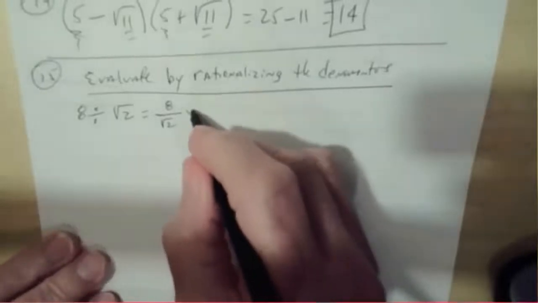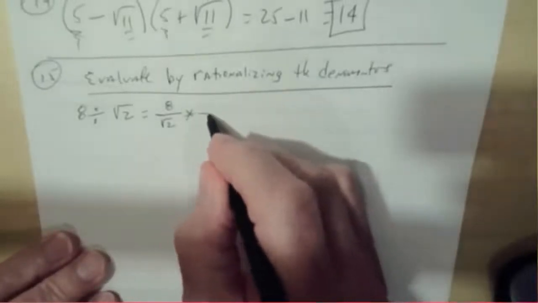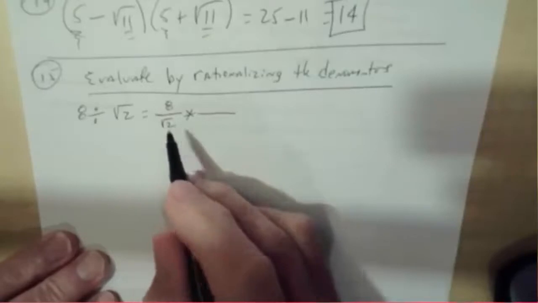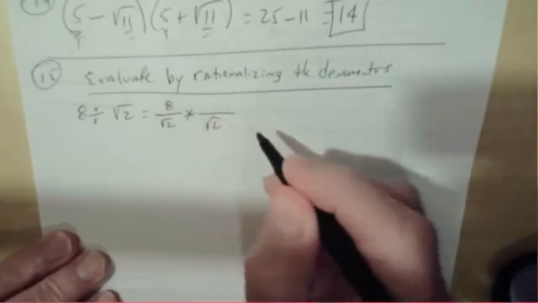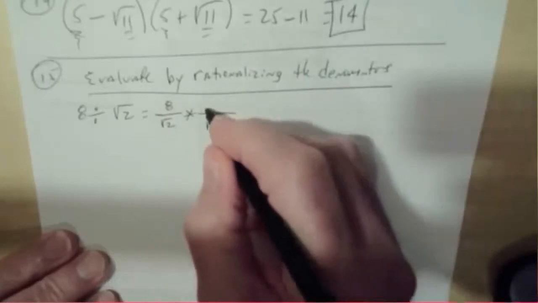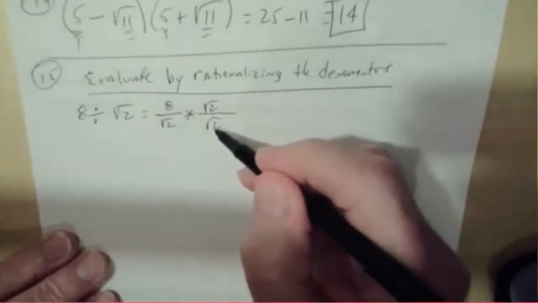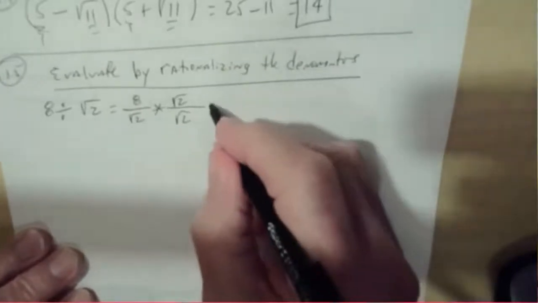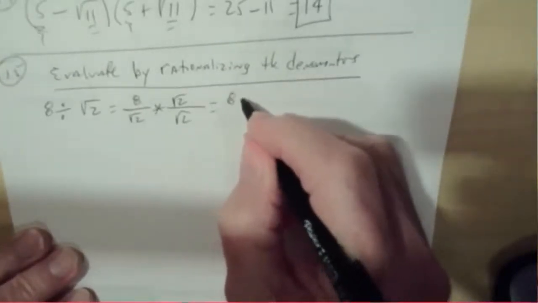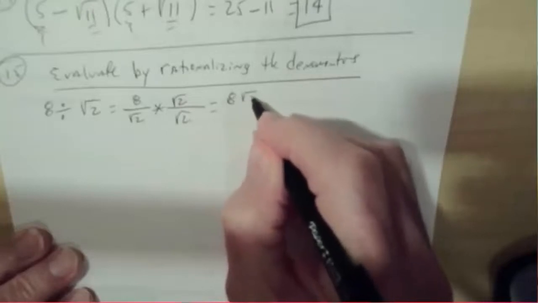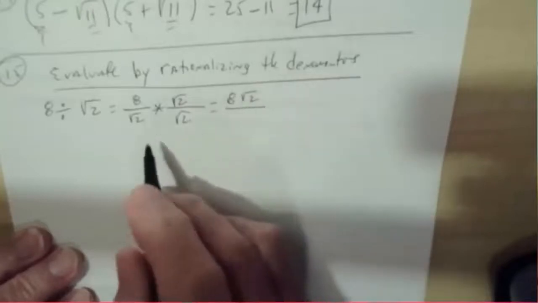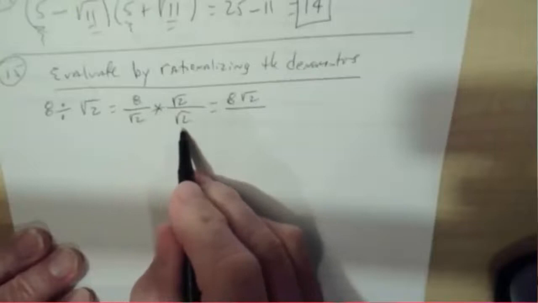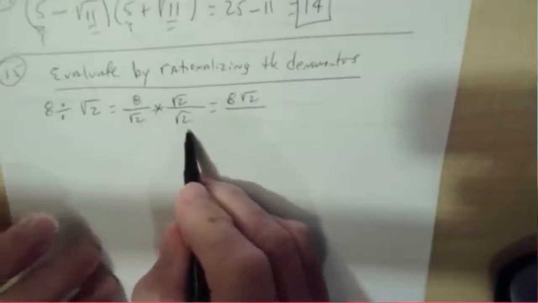Multiply by, how do we get rid of this? Multiply it by the square root of 2 over the square root of 2. The square root of 2 divided by the square root of 2 is 1. So we're not changing the value of this any, just the look. So this is 8 times square root of 2 over, and again, when we multiply the same number, the radical just goes away.